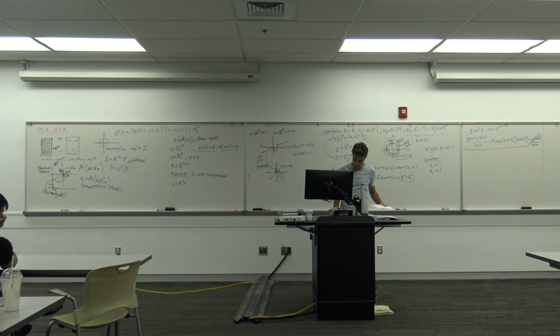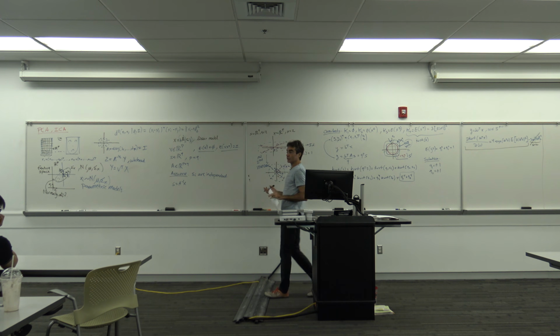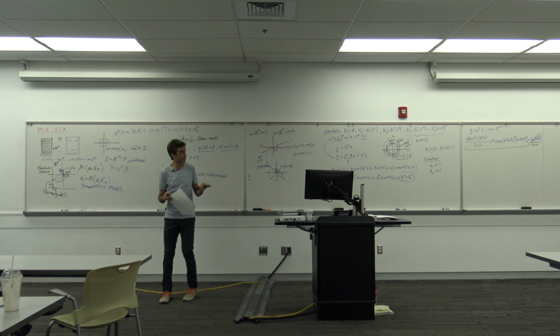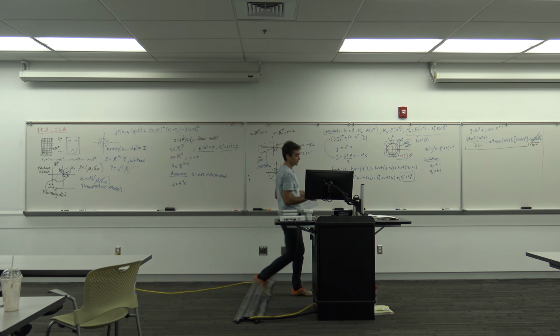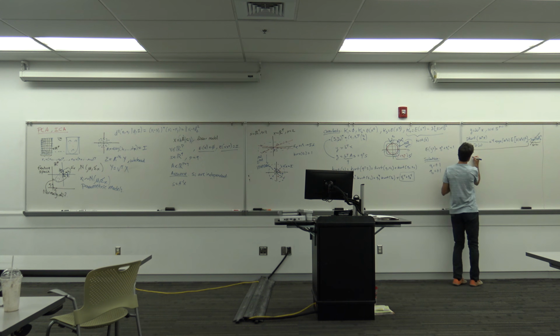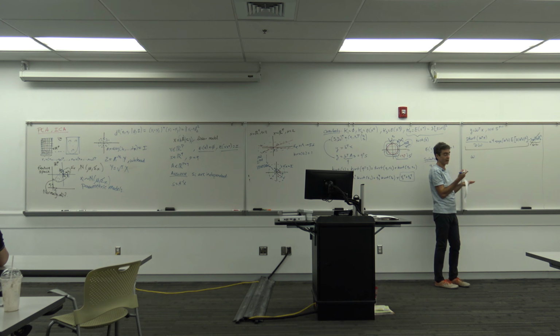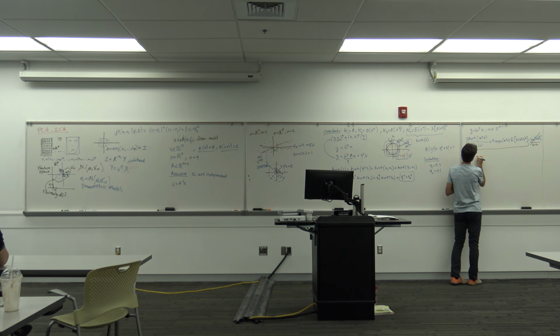So I want to optimize this. I need to start at something. I need to find the maximum, so I need to equal this to 0, and I need to find a way to make this 0. Because I don't know how to do it, I'm a little at a loss, I'm going to start with a random estimate of W. So I'm just going to take W from S^(p-1), and I'm going to call this W0.